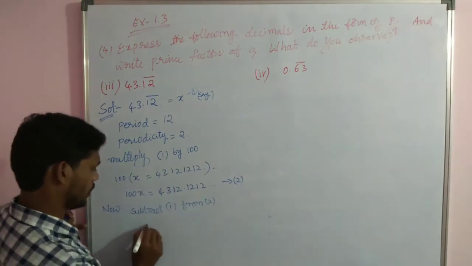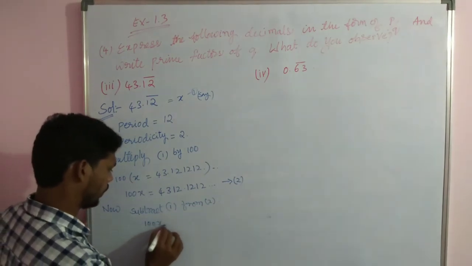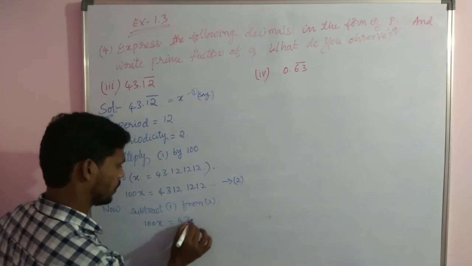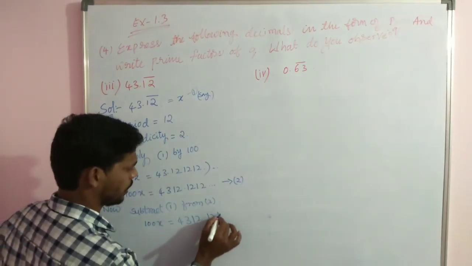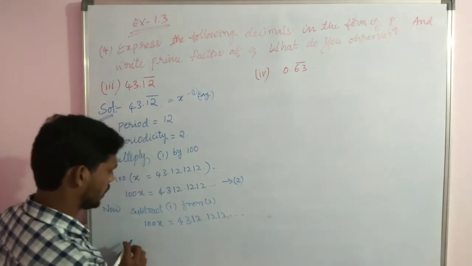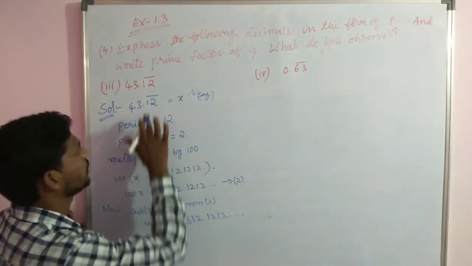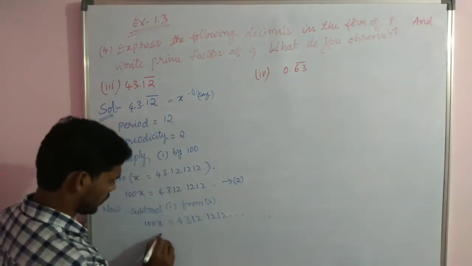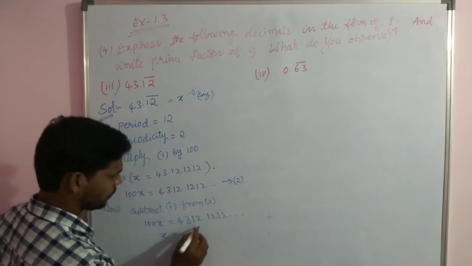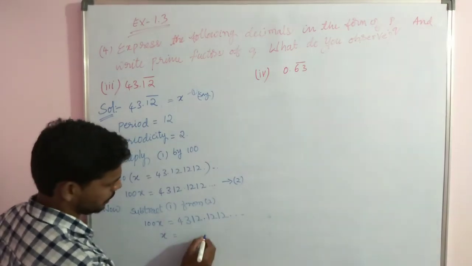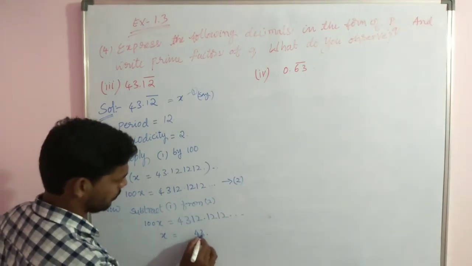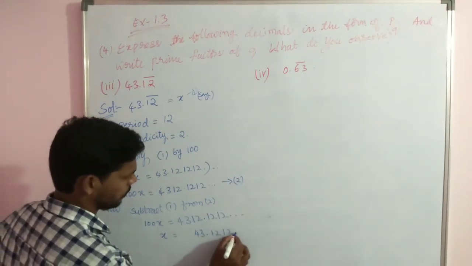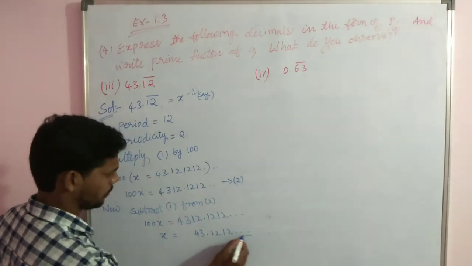So 100x is equal to 4312.12 repeating, and subtract the first equation, x is equal to 43.12, this also repeating.